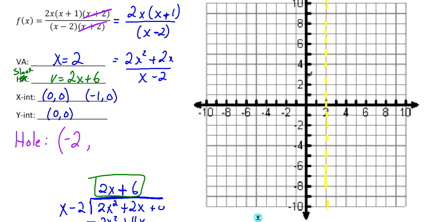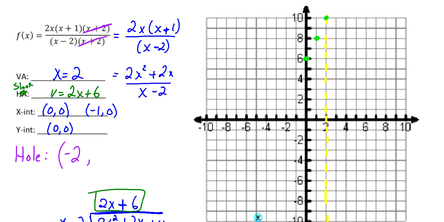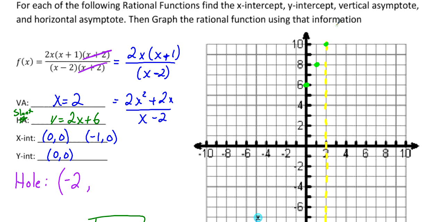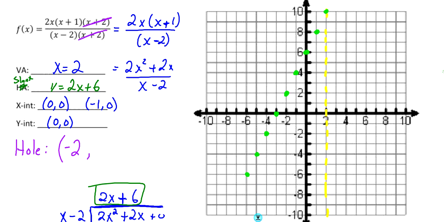So my slope is 2, my y-intercept is 6, so up 2 over 1, up 2 over 1, up 2 over 1, so like that, down 2 over 1. So there we go. Now put in my x-intercepts. I have one at 0 and at -1.